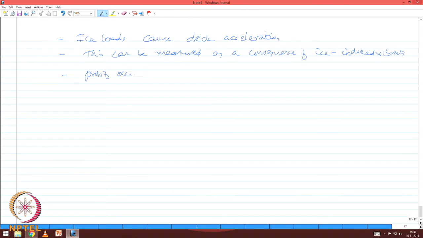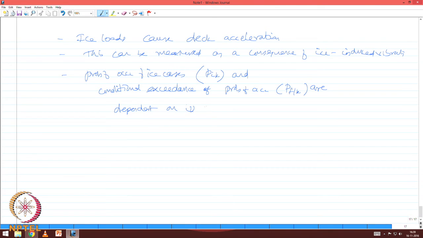Probability of occurrence of ice cases, which I call PIK, and conditional exceedance probability of acceleration, that is PF given K, are dependent on two parameters. One is the ice thickness, which is very significant, and the second is ice velocity.